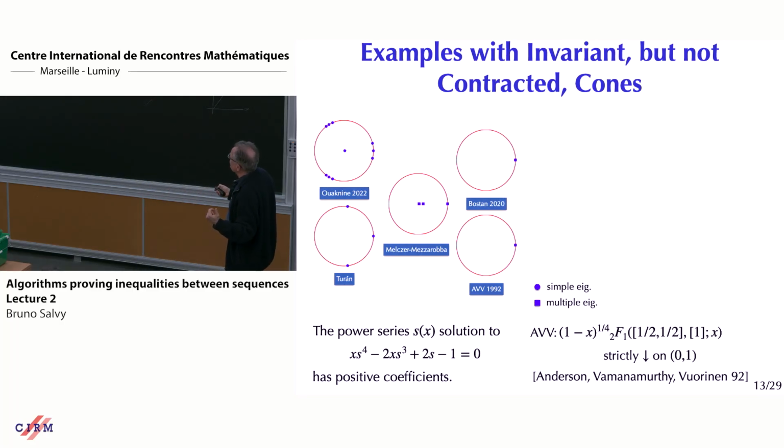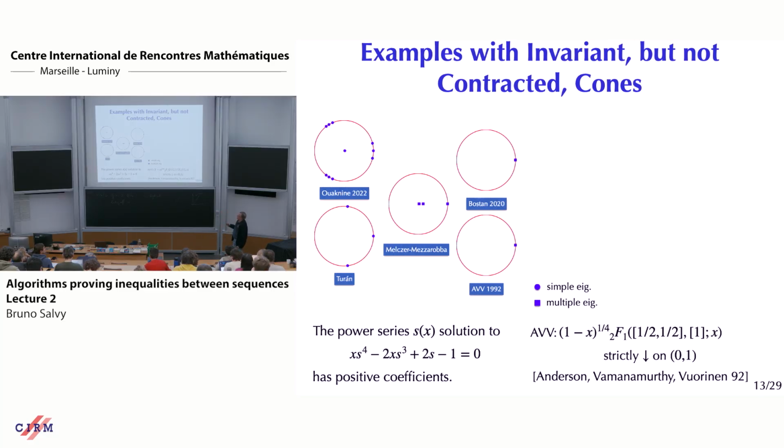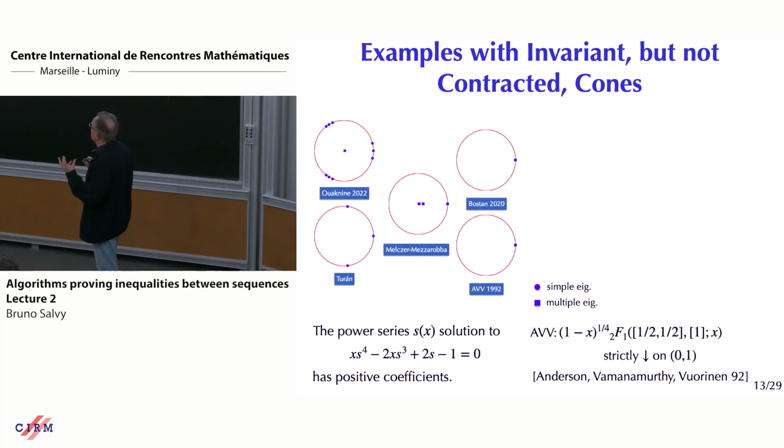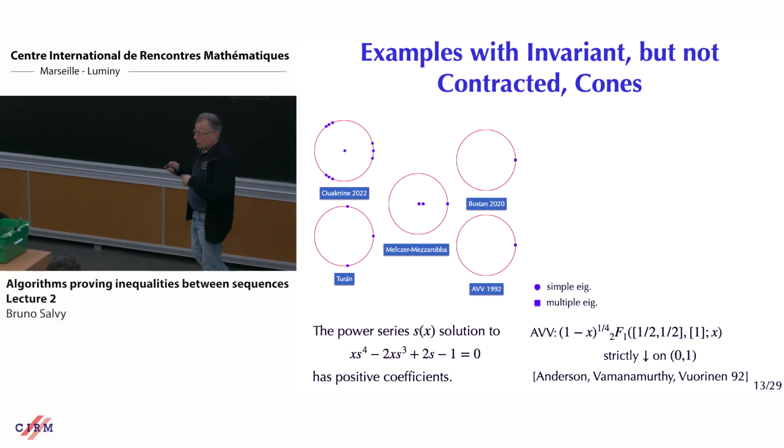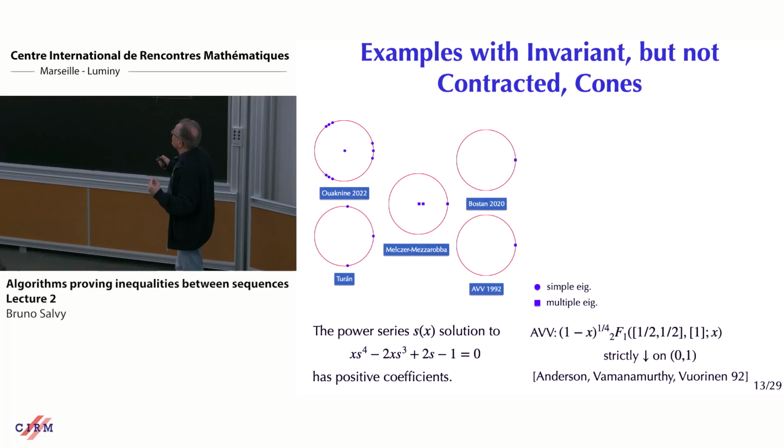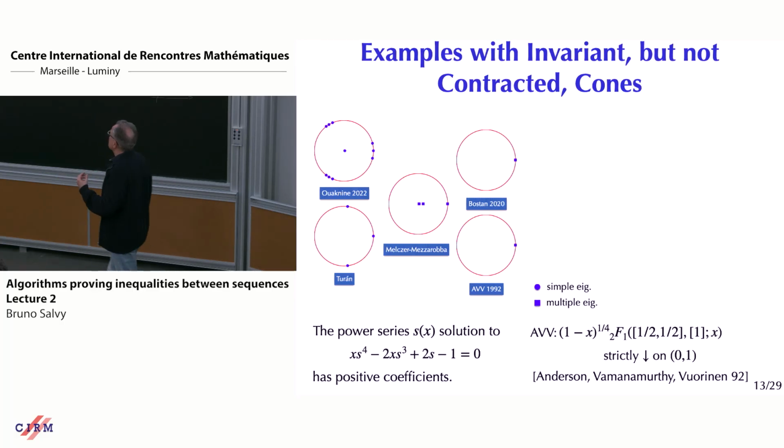There was this Turan's inequality on the Legendre polynomials that has 3 dominant eigenvalues. There was this nice or horrible, according to your tastes, example treated by Melzer and Mezarova, but also by Aline and Sergey, where you have a double dominant eigenvalue, so there's no contracted cone for the limit matrix.